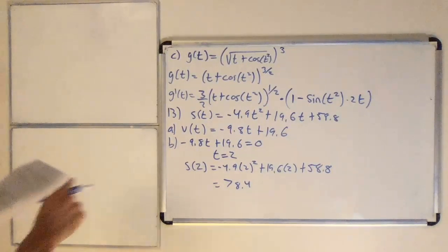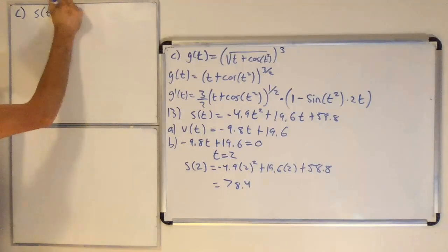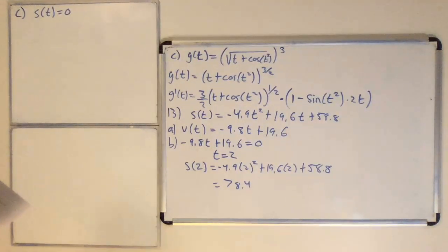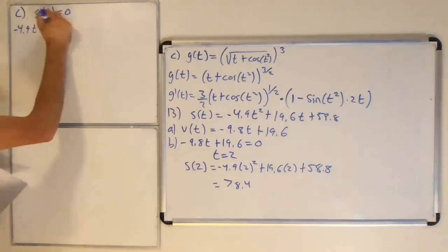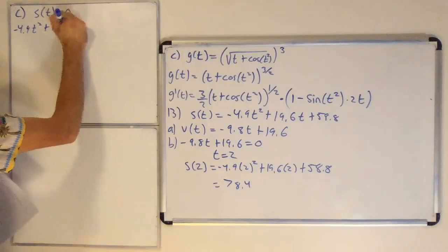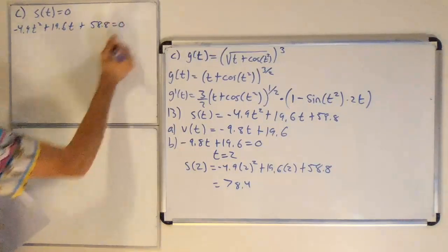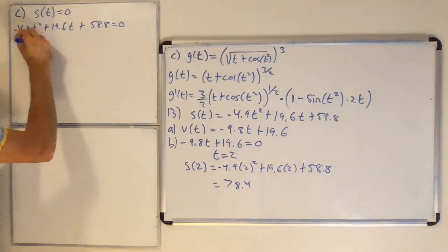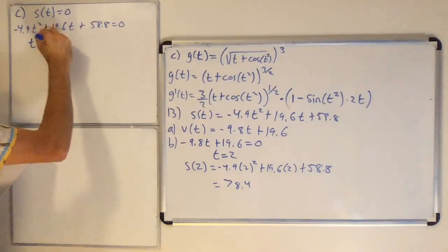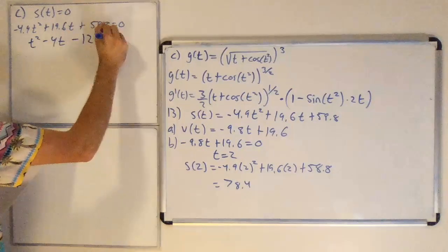Question C is when does the object hit the ground? So we want to find when does s of t equal 0. So when does negative 4.9 t squared plus 19.6 t plus 58.8 equal 0? Well, we could divide both sides by negative 4.9 to get t squared minus 4t minus 12 equals 0.